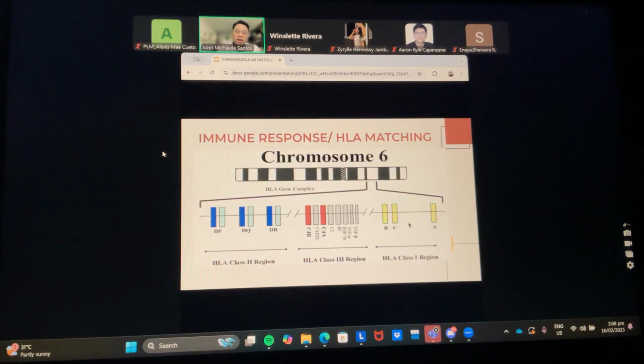Ibig sabihin, kung nagkaroon ka ng antibodies directed towards these HLAs, hindi pwede yung transplant sa'yo. Okay? So the cluster of this HLA, which is located in your chromosome 6, will now determine whether the graft will be accepted or rejected.